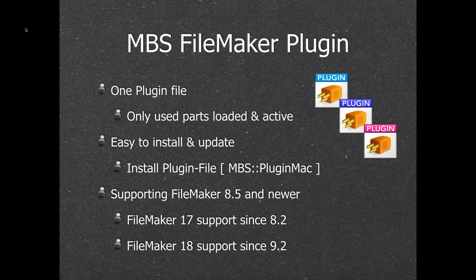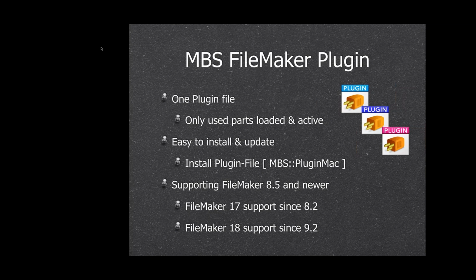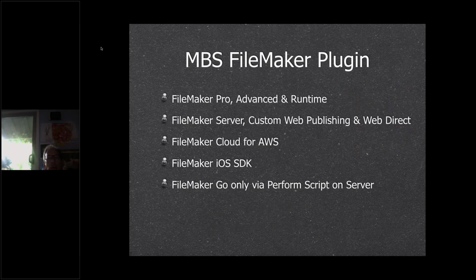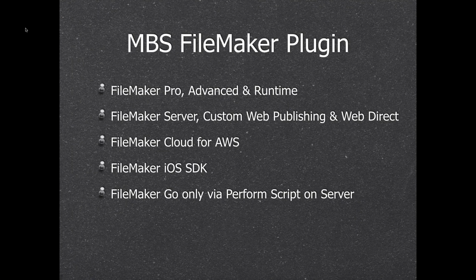We support FileMaker 8.5 and newer, and the current plugin works fine on FileMaker 18. The plugin works with FileMaker Pro Advanced, Runtime, Server, Cloud, iOS SDK, just not with FileMaker Go directly. On FileMaker Go, you have to use perform script on server if you want to use any plugin function. Or you build your own iOS app with the iOS SDK.